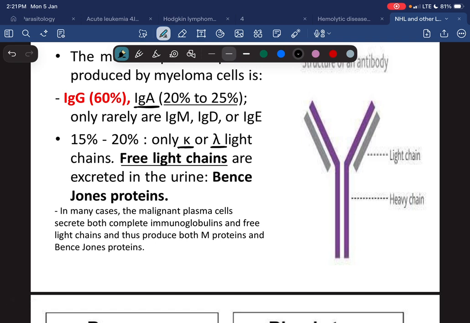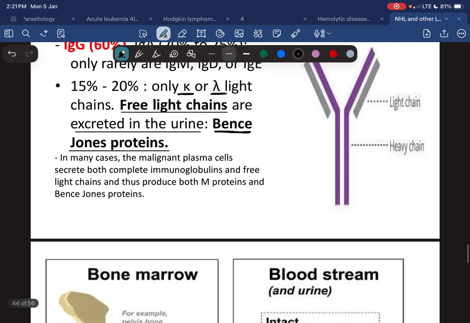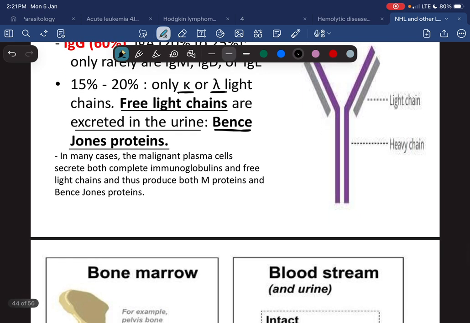In many cases, we have production of both M protein, the complete immunoglobulin, most commonly IgG, and light chains, which are Bence-Jones protein. Bence-Jones protein is light in weight, so it can be excreted in urine and detected in urine.